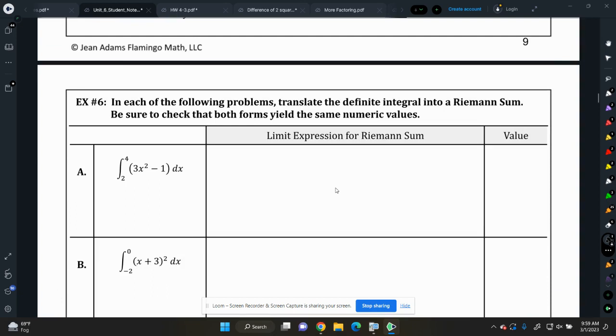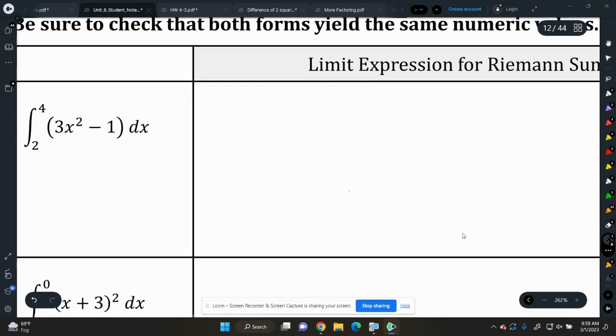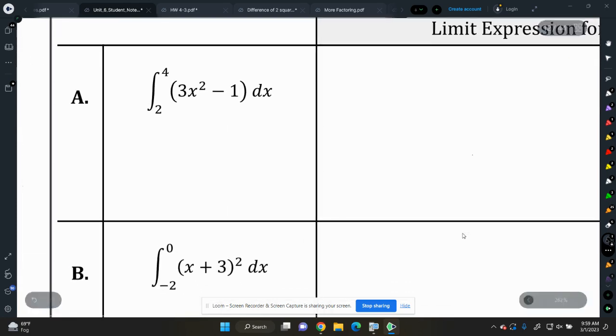Okay, so let's put these into summation notation. I'm down here on page 10. So first, what does our formula look like? We're looking at the limit as n approaches infinity of the summation of i equals 1 to n of f of x sub i delta x.